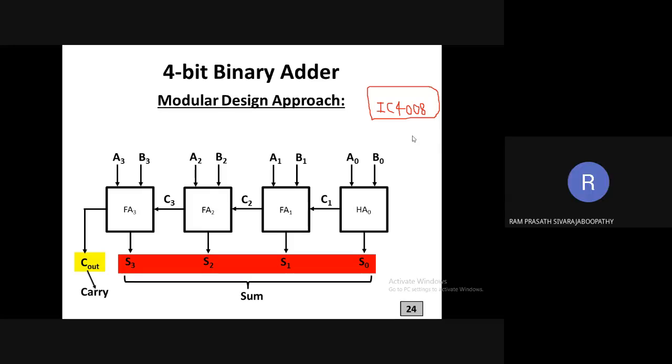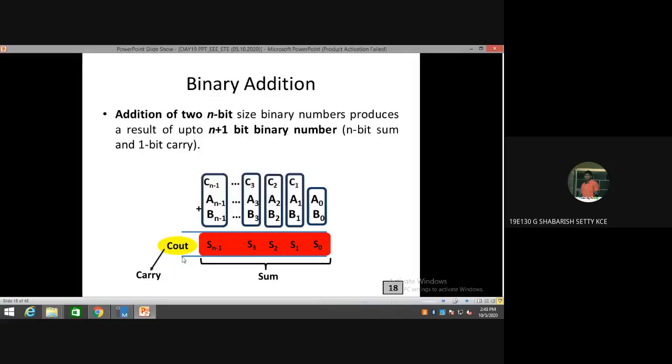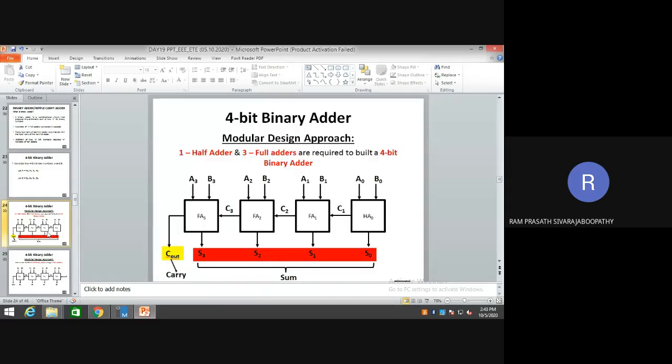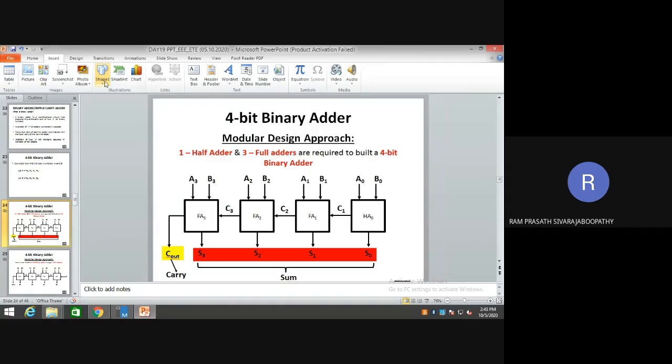No. What I have told is in the IC 4008, it is available. The whole thing it is available as a block. Wait a minute. I will show you. So what I am going to do is I am going to make this whole thing as a single block.